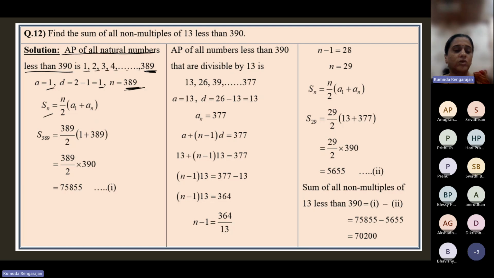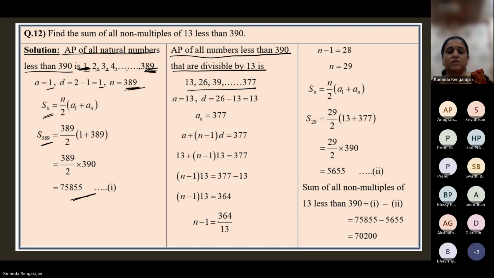So find the sum. How do you find the sum? Sn is equal to n by 2 of the first term plus the last term. Sn means S389 is equal to 389 by 2 into the first term 1 plus the last term 389. So when you work this, you get 75,855.